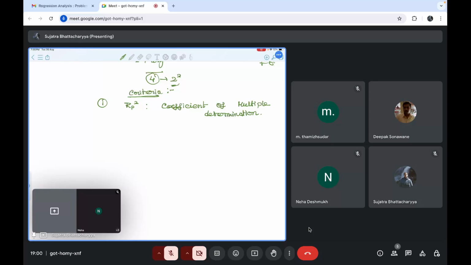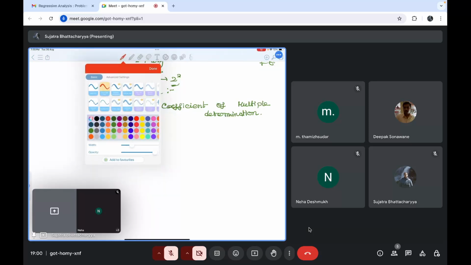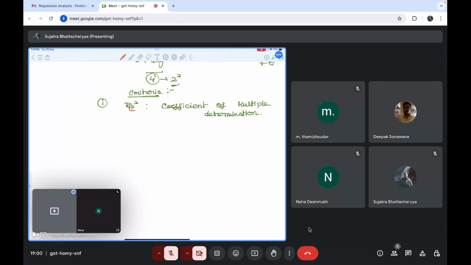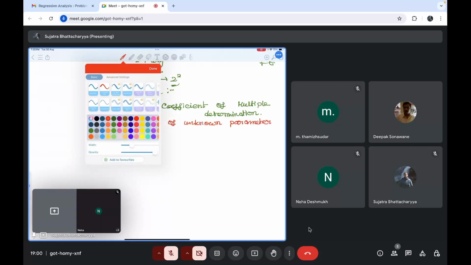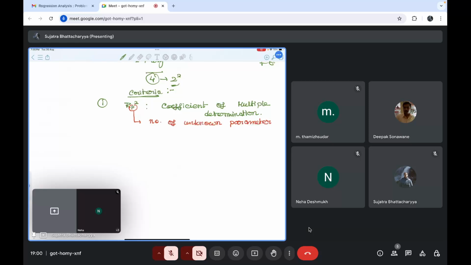This P is the number of unknown parameters. Remember, this is the number of unknown parameters, not the number of regressors. So what will be the number of regressors? It will be P minus 1. Simple. Fine. So how is it defined?